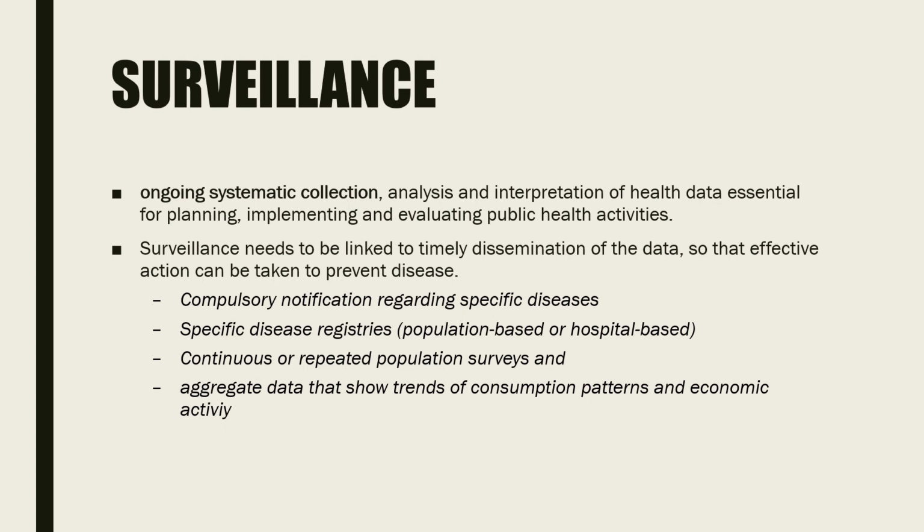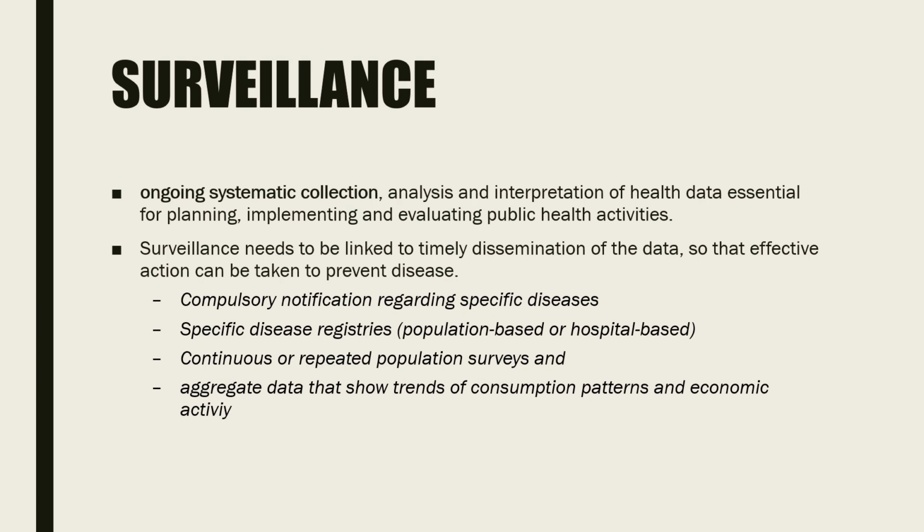So again, surveillance is an ongoing systematic collection, analysis, and interpretation of health data essential for planning, implementing, and evaluating public health activities. It needs to be linked to timely dissemination of the data so that effective action can be taken to prevent disease.